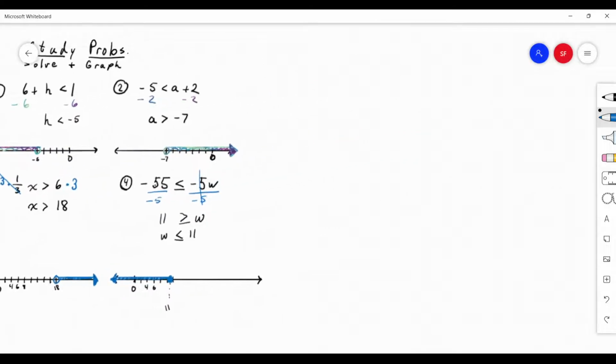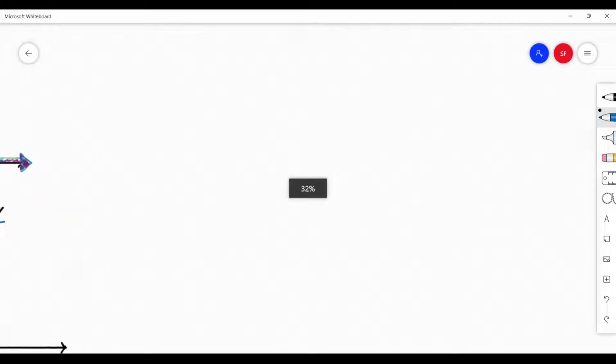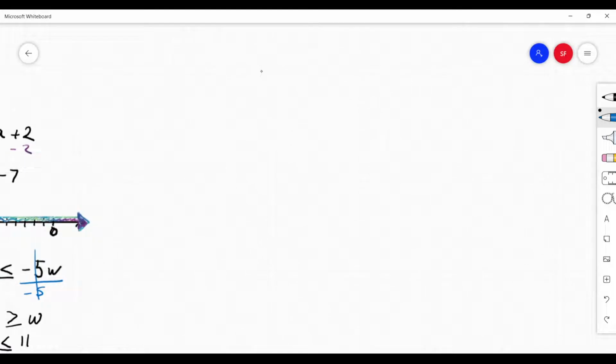Okay, let's do another couple. Number 5. Same instructions. 4 plus 5b is greater than 34.